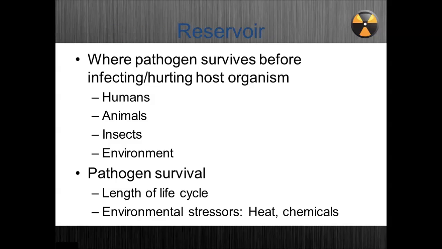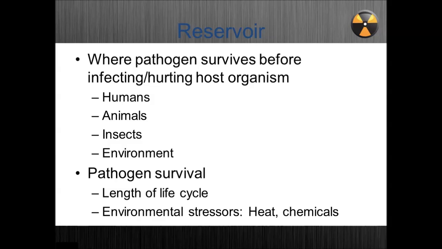And so one of the things that's important to know is a reservoir. And a reservoir is where the pathogen lives while it's waiting to infect the organism. And so sometimes the reservoir can be a stagnant pool of water.